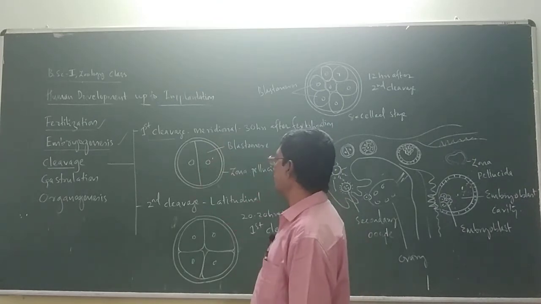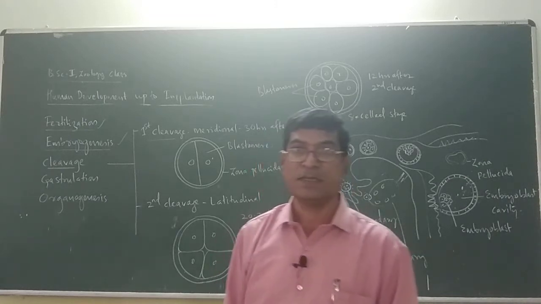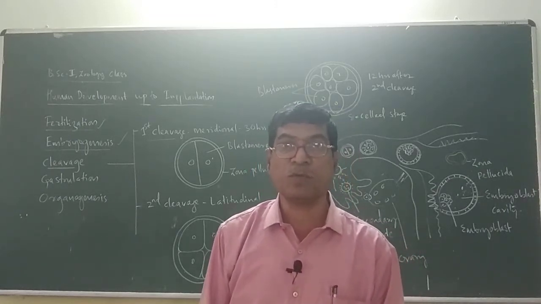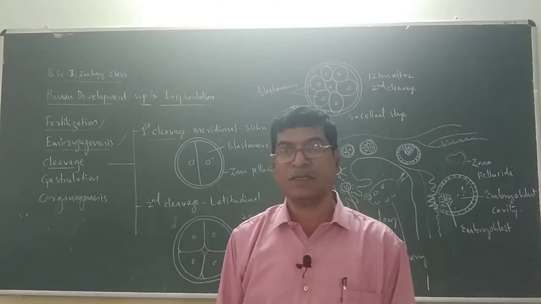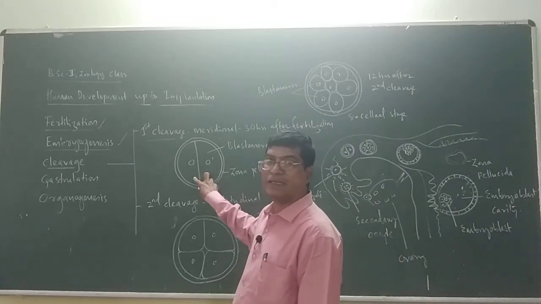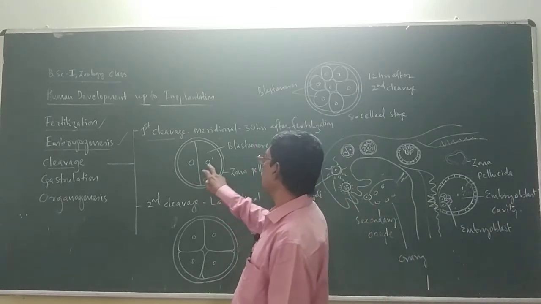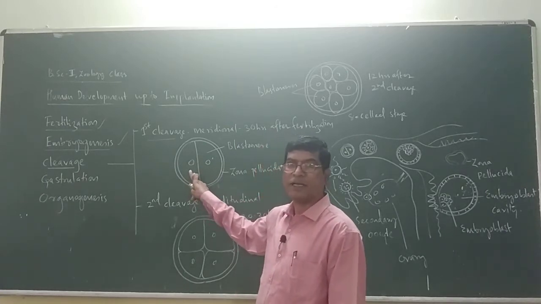These two cells are called blastomeres. The first cleavage is holoblastic and unequal. These two cells are not exactly identical in their size. One is larger, another is smaller, right? Unequal sized.